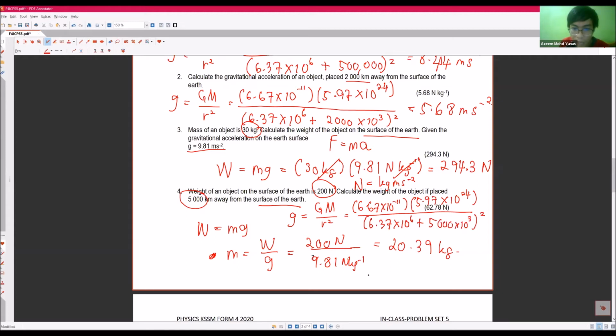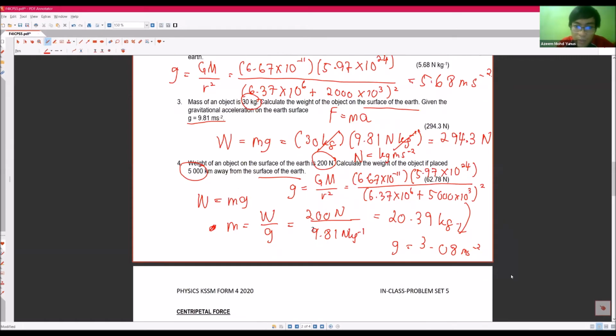Don't forget to square. Then if we bring that down here, we will get 3.08 meter per second square.